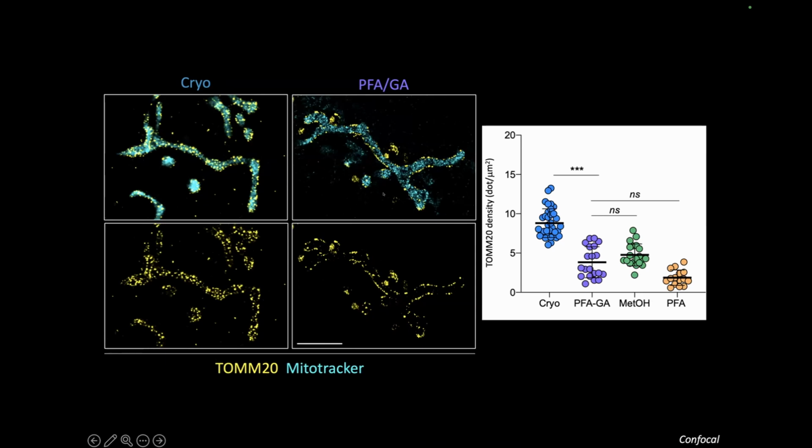So it's an outer membrane protein. And we could see that the cryofixation was really going above the PFA-GA fixation. So again, this cryofixation seems to combine two advantages, or to alleviate some drawbacks of the glutaraldehyde regarding also the masking of antigenicity.